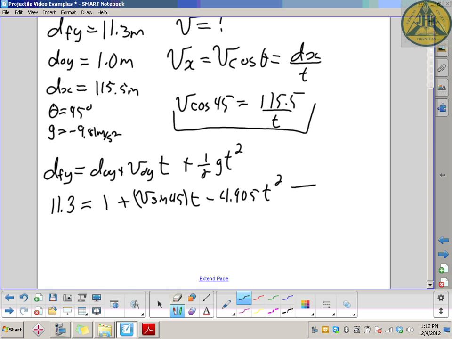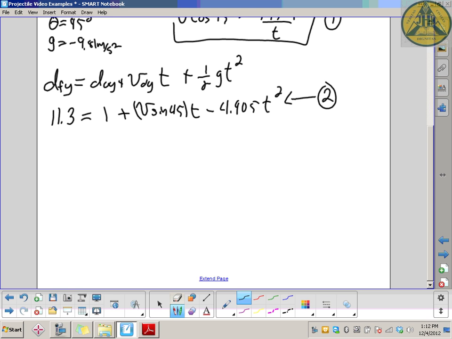Okay, so here's my second equation. There's my first equation. Solve my first equation for time, put it in my second. So equation 1 becomes t equals 115.5 over v cos 45.